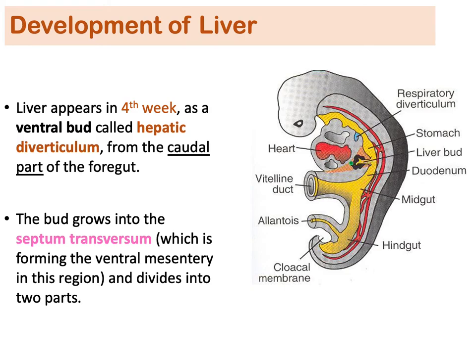And it grows into, do you remember from the previous lecture, the septum transversum, which is a mesoderm, right? This septum transversum will form the central tendon of the diaphragm. Look, above it are the primordial heart and primordial lungs, right? Anyway, the liver bud or hepatic diverticulum grows into the septum transversum, and because of that, it divides it into two parts, a cranial part and a caudal part.